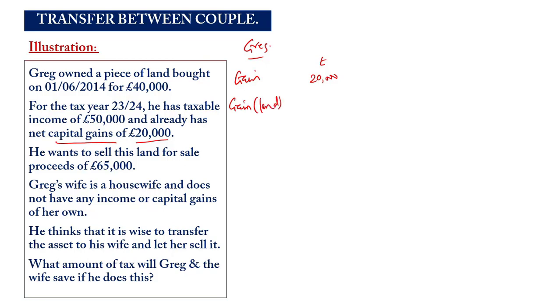So this is going to be the 65,000 proceeds that he will get. Then we less the cost of the land, which is 40,000. So this will give us 25,000 pounds. So the net gain again is now 45,000 pounds. And these are gains, not taxable. So we now take away the annual exempt amount of 6,000.